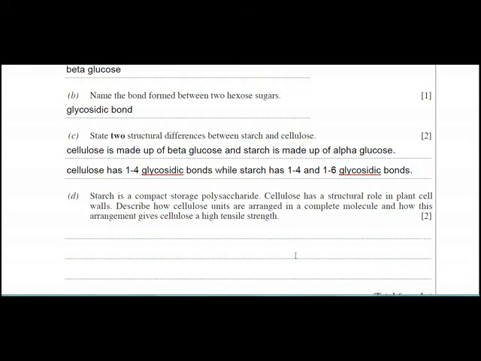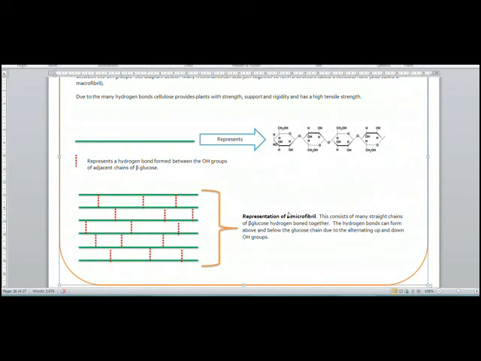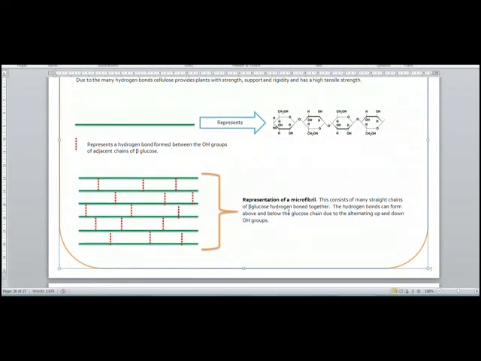Okay, the major thing that gives cellulose its high tensile strength is the large number of hydrogen bonds that hold the structure together. So if I pull up the notes again, this is a simplified diagram really of the structure of cellulose.